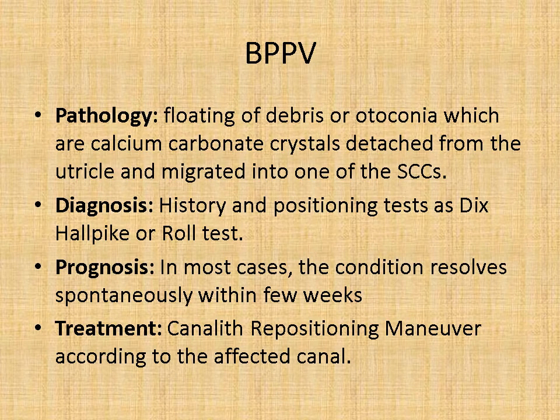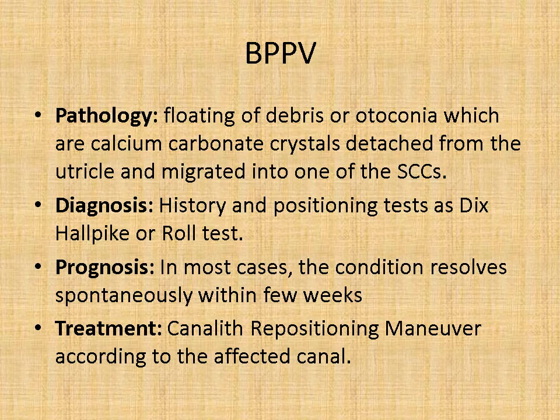What is the pathology of BPPV? Otoconia, or calcium carbonate crystals, are detached from the utricle, and they migrate and float freely in one of the semicircular canals. The most commonly affected canal is the posterior semicircular canal. How do we diagnose BPPV?